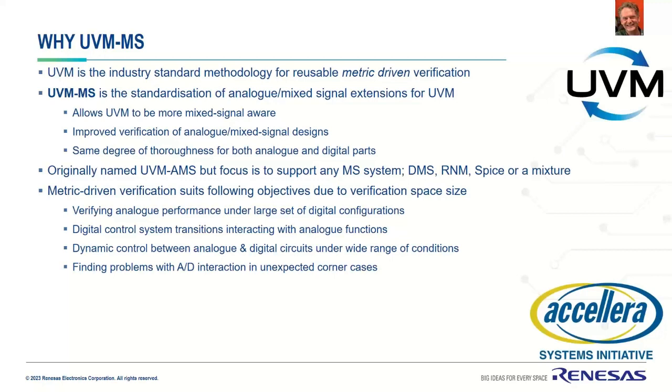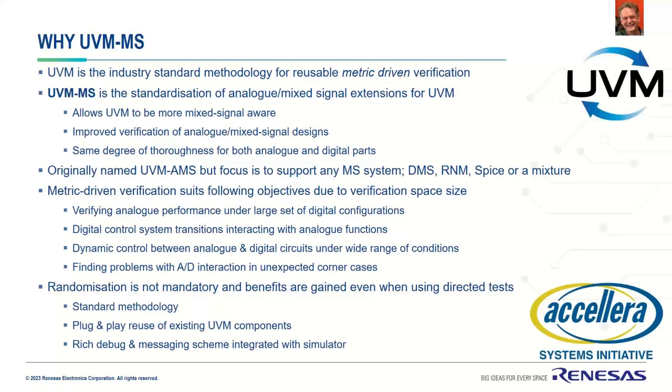The typical verification objectives that constrained random allows you to do for mixed signal would be analog performance, checking that analog performs under a large set of digital configurations where connected to a digital control system, interactions between analog functions, feedback loops, and all these things where you need to cover corner cases, dynamic control, and finding problems with the A to D interaction.